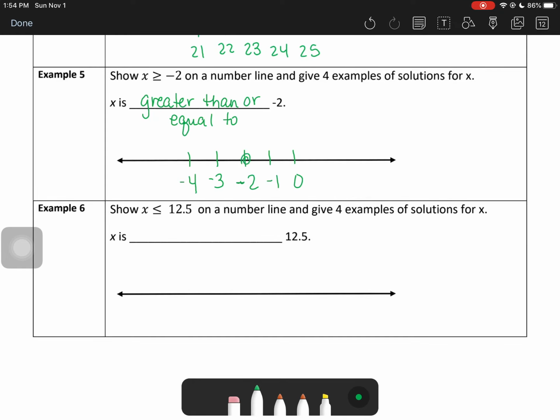We're going to put a closed circle this time since it could be equal to -2, and we're going to shade to the right because that's where the numbers get bigger or greater. 4 examples of numbers that are greater or equal to -2. We could use -2, -1, 0, 1, and so on. Those numbers would be bigger than -2.